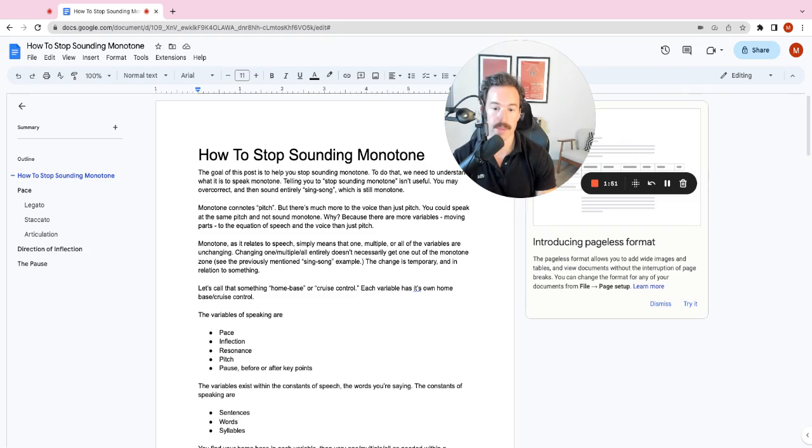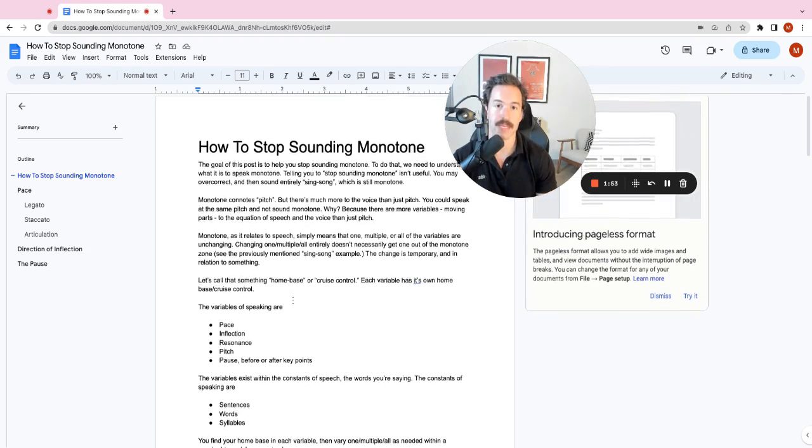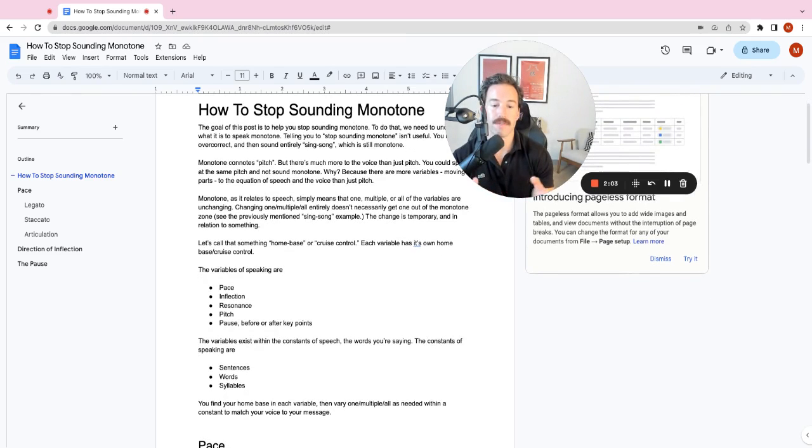And inside of each one of these variables, there is a home base or cruise control for each one. So the variables of speaking that I'm talking about are pace, inflection, resonance, pitch, and then pause. So these are the variables, and these exist inside of constants, right? If we think about this like it's an equation, variables, constants. The constants are going to be the words you're saying.